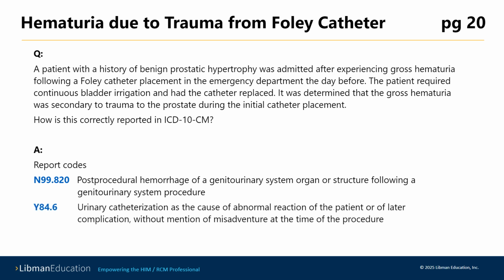Y84.6, urinary catheterization, as the cause of abnormal reaction of the patient or of later complication, without mention of misadventure at the time of the procedure, and R31.0 to capture the gross hematuria.